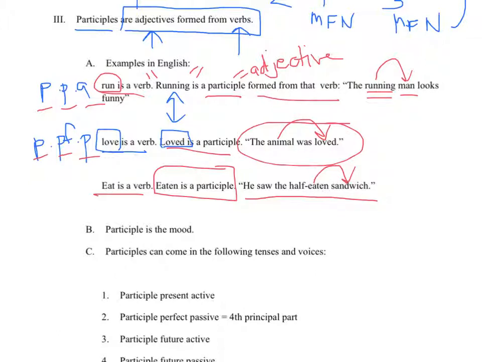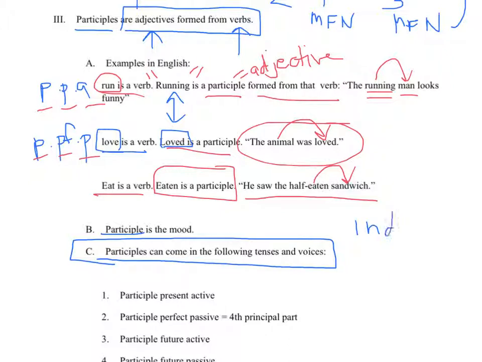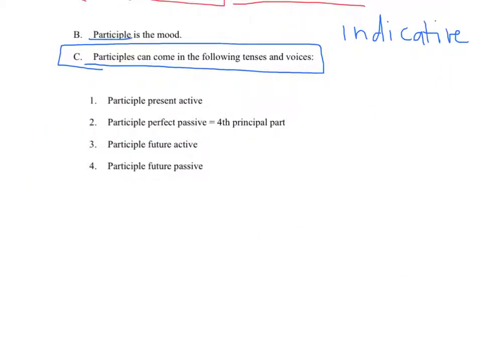So participle is considered the mood, and participles come in only the following tenses and voices. It is limited. In the indicative mood, you have all 6 tenses. In the participle, you only have 4 tenses. In the participle, you have the present active, you have the perfect passive, that you've already learned.